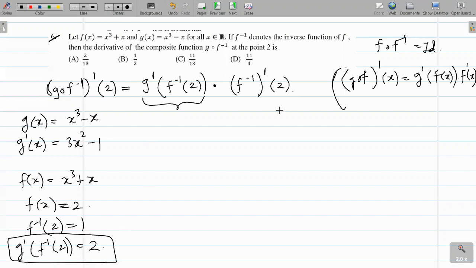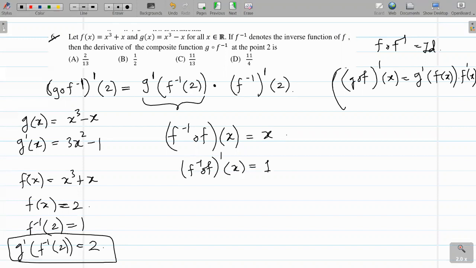Now look at f inverse dash at 2. Now how do I do that? As he said, f inverse composite f of x in general is x. So the derivative, that is f inverse composite f dash at x, is always 1.